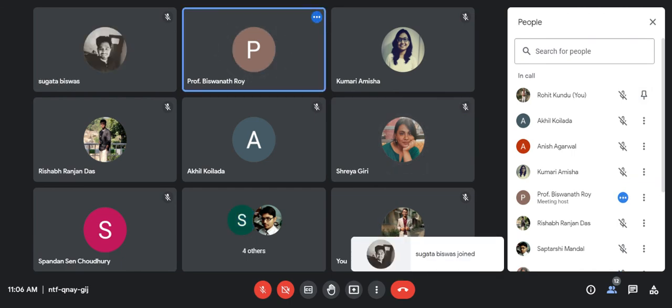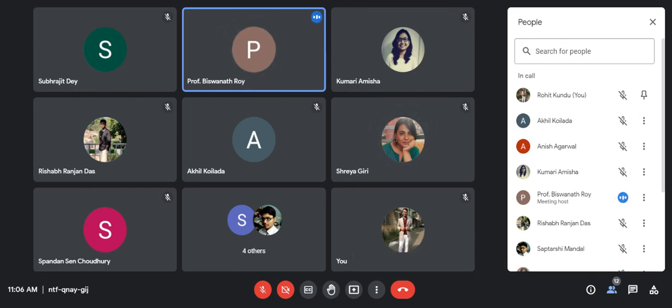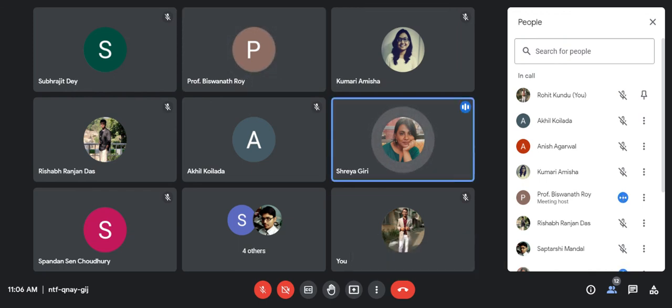Koilada, sir. কৈলাডা, আচ্ছা হ্যাঁ, কৈলাডা। অখিল, আচ্ছা প্রেজেন্ট। শ্রেয়া, Present, sir.